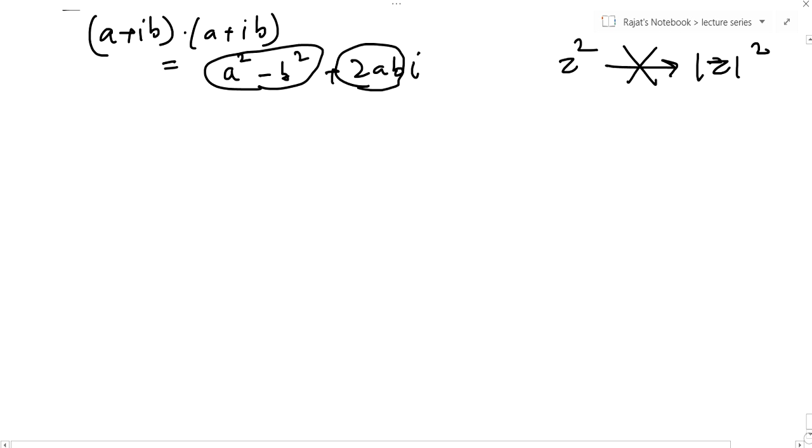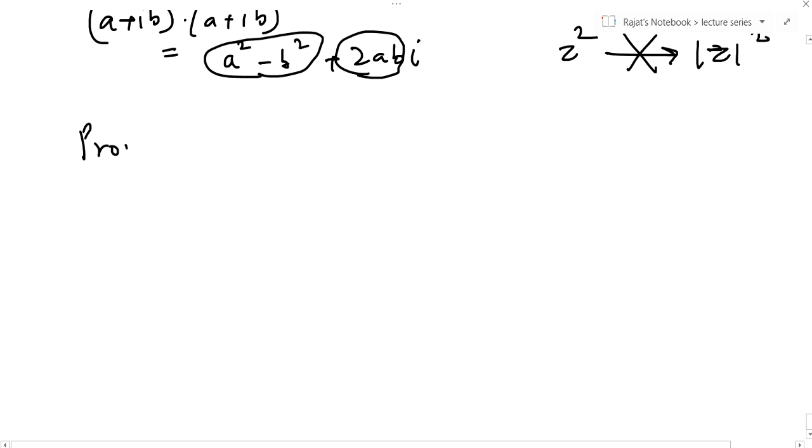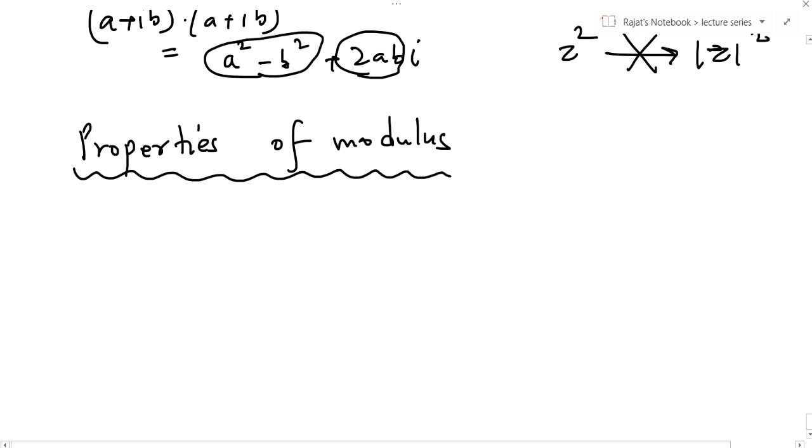Let's talk about properties of modulus. First is that mod of z1 into z2.